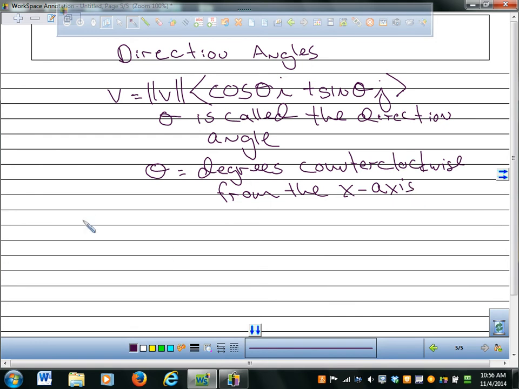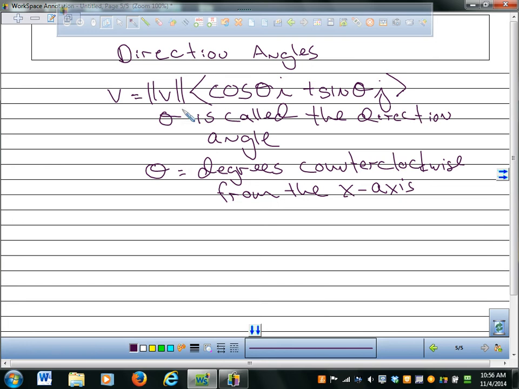Okay, and that number will always be less than 360 and greater than or equal to 0, right? So you can't have direction angles that are bigger than 360 degrees, unlike the unit circle.